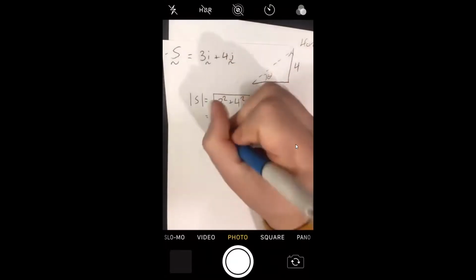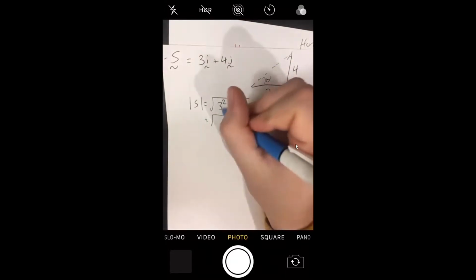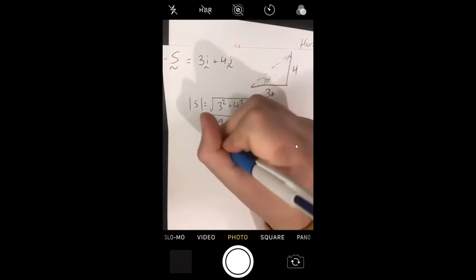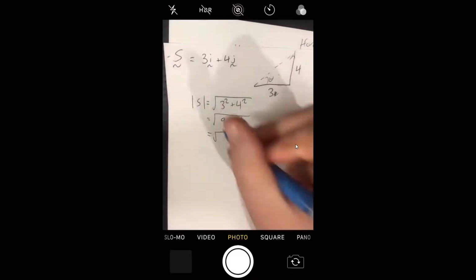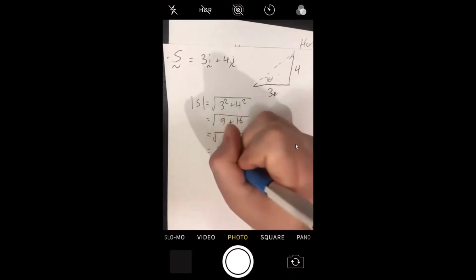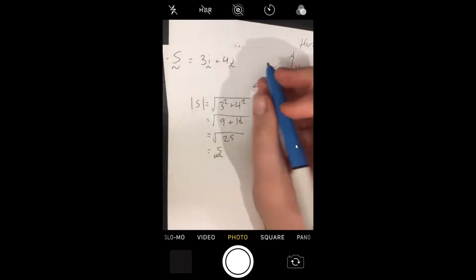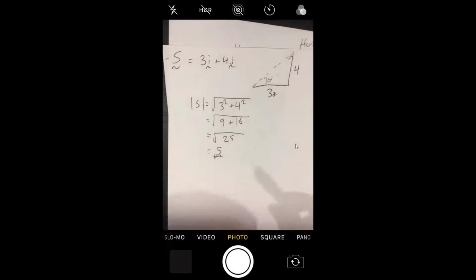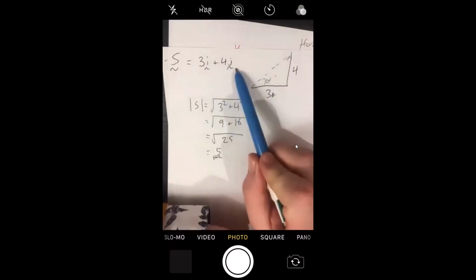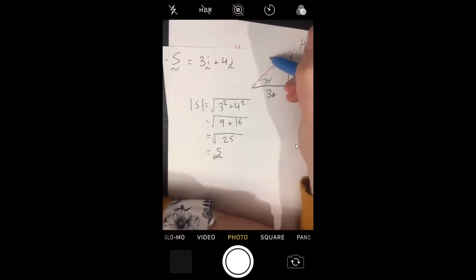Now I picked this for the obvious reason that 3 squared is 9, plus 4 squared is 16, equals 25, the square root of which is 5. So that's the size of this vector. This vector is 5 long. Even though each component is less than 5, the whole thing is 5 long.